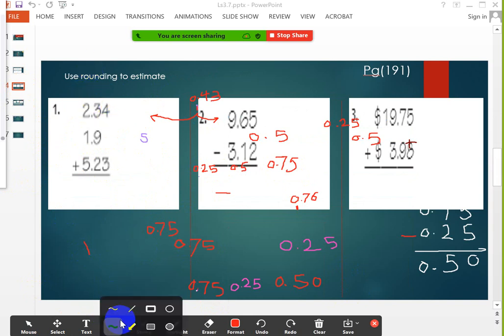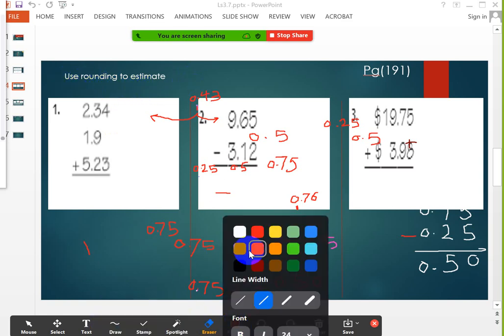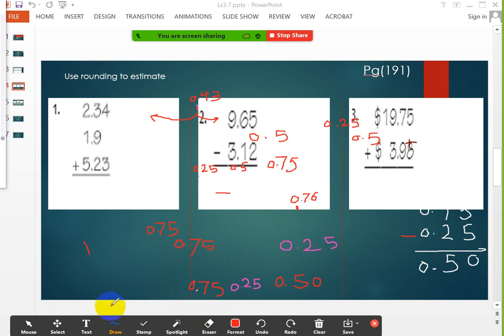Here, to find the estimate, use rounding to estimate the answer, the same strategy that we used on the first exercise. I want you to share with me on the chat, and tomorrow, inshallah, I will open the mic for you.